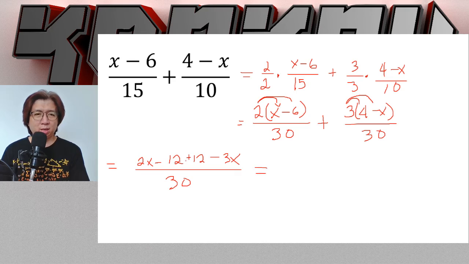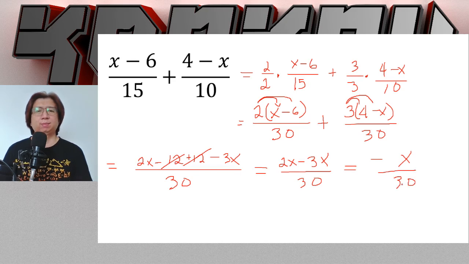Okay, so negative 12 and positive 12, so we have 0. We have 2x minus 3x over 30. So we have negative x over 30.